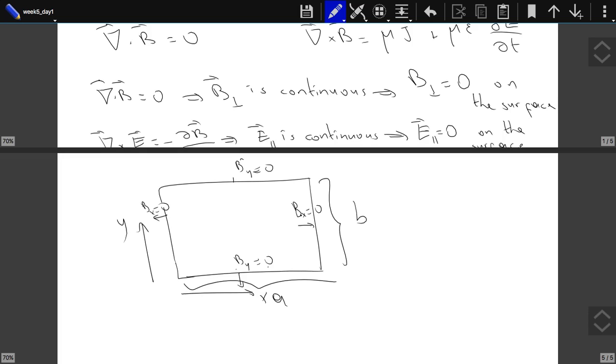This is from the perpendicular component of B. Or I can also say the same thing for the parallel component of E. This will tell me that the parallel component Ey should be equal to 0. Here, Ex is equal to 0. Here, Ex is equal to 0. These are my boundaries. I don't yet know what is inside.